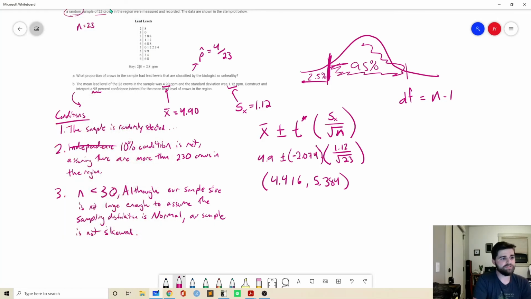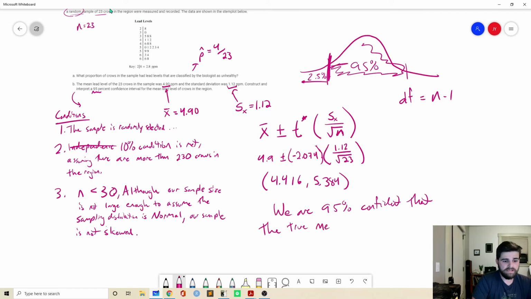All right, so lastly, we want to interpret this confidence interval. So what is this telling us? We are 95% confident that the true mean of lead in crows of this region. What did they say?